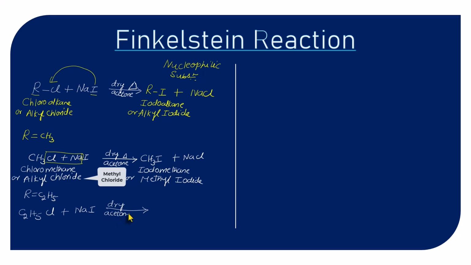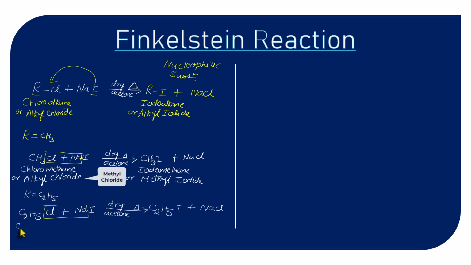You already know why we are using dry acetone. And we are subjecting it to heating. Now what happens? They undergo nucleophilic substitution, wherein the chloride is substituted by the iodide. Now we obtain C2H5I as the major product along with sodium chloride.